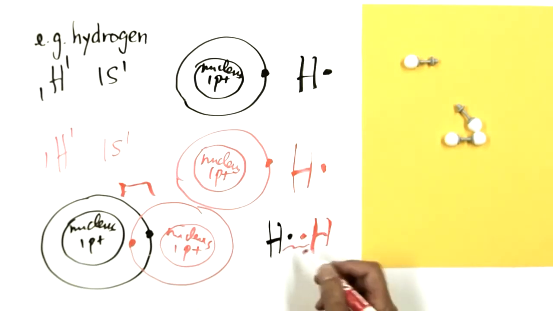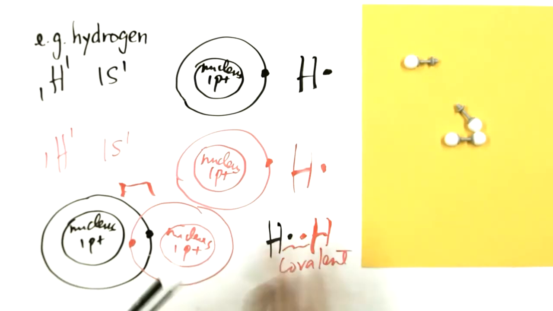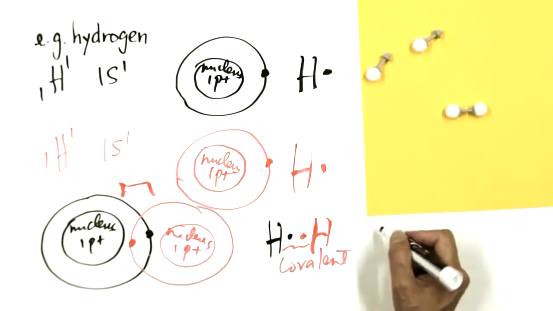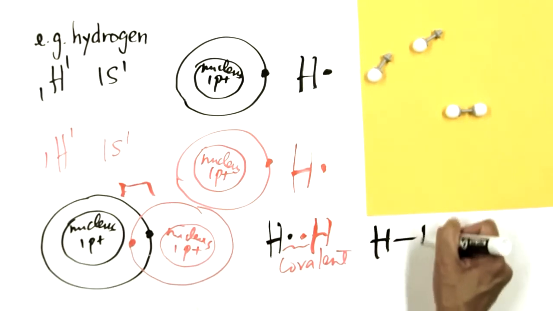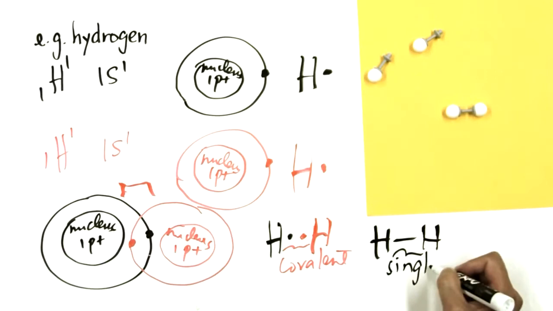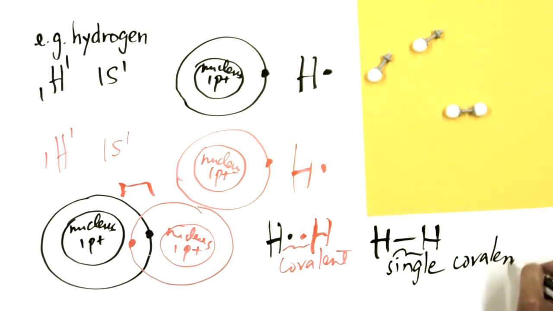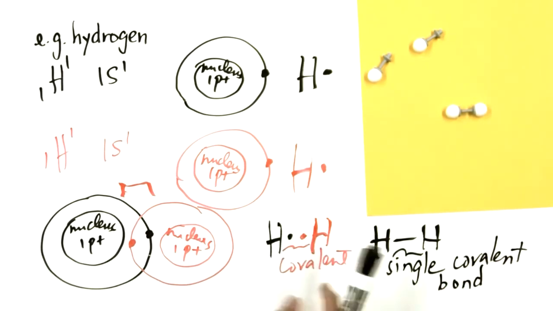And this is what we call your covalent bond, and we can redraw this as H, single bond H. So now this is what we call your single covalent bond. With the sharing of 1 pair of electrons, both hydrogen atoms become stable.